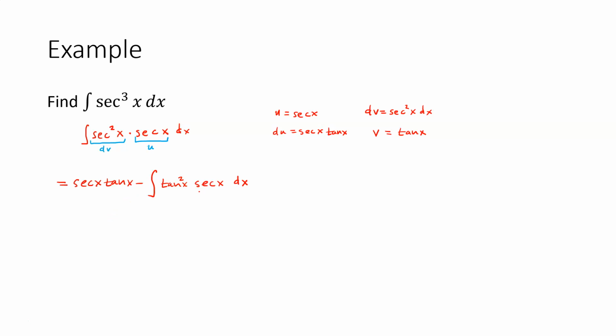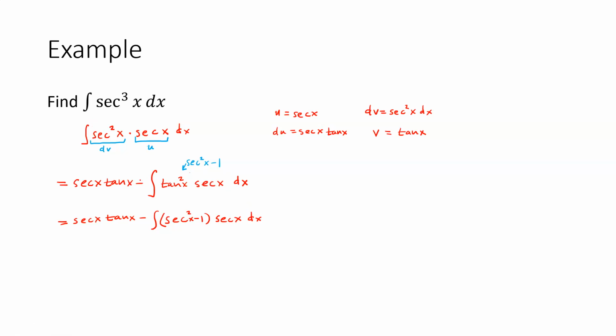And then looking at what we have here, I noticed that we can do a trick that we did in the last one, where tan squared here can be rewritten as secant squared minus 1. So now if I distribute secant, the integral will contain the secant cubed, which is the same integral that we started with.